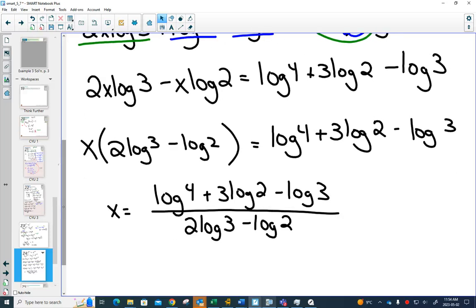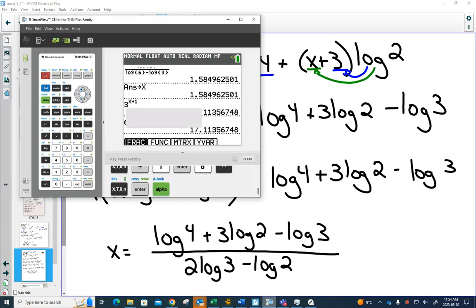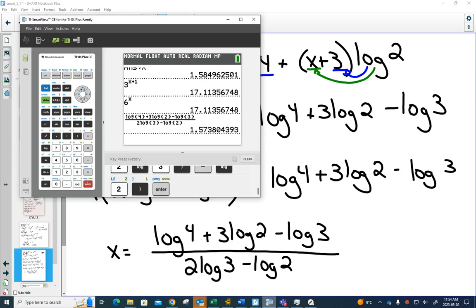So, go to my calculator. I like to use my fraction buttons, especially when you have lots of things. Log of 4 plus 3 log 2 minus log 3 divided by 2 log 3 minus log 2. Push enter, 1.574.